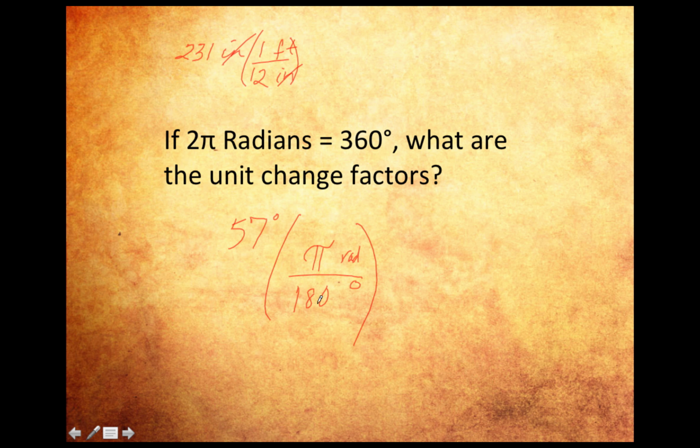Or 2 pi and 360. Okay? What if instead I had 1.9 radians and I wanted degrees? So I want radians down here so they cancel, degrees up here, 180 over pi. So these are the unit change factors.